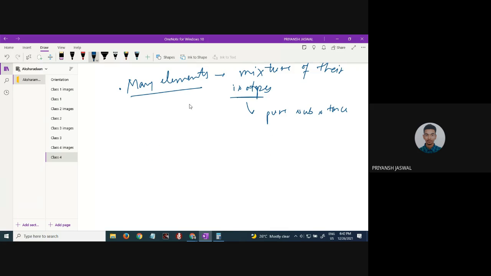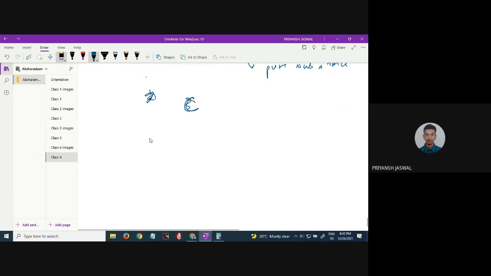Take the example of chlorine. If I capture some chlorine element, then not all the atoms of the element will have mass number 35.